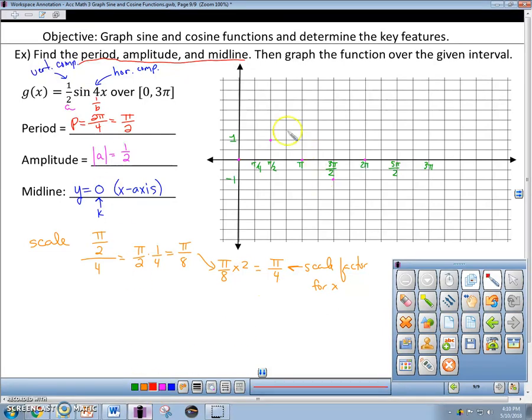All right, so what's going to happen? Remember, 0, 0 is not affected by any stretches or compressions, or reflections. So it is going to stay exactly there. So we're going to have this point. And then what's going to happen with pi over 2 is that it's going to be horizontally compressed by a factor of 1/4.